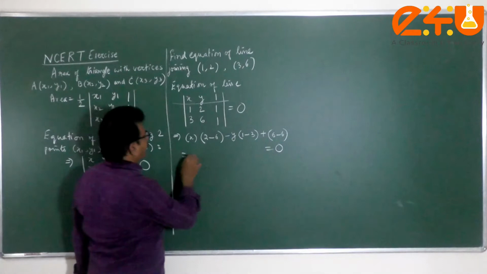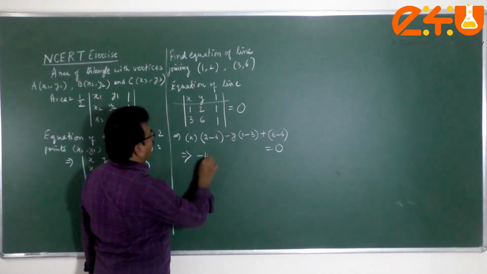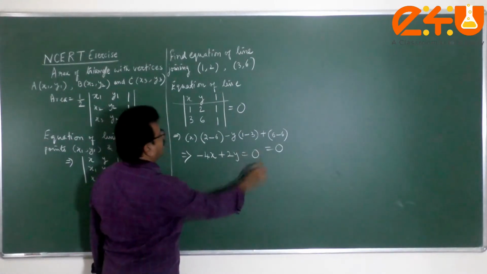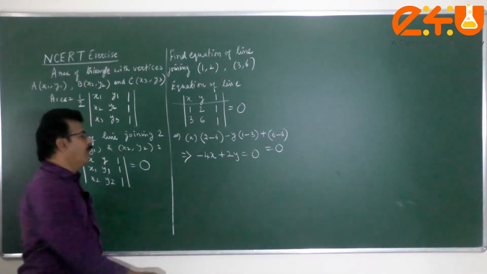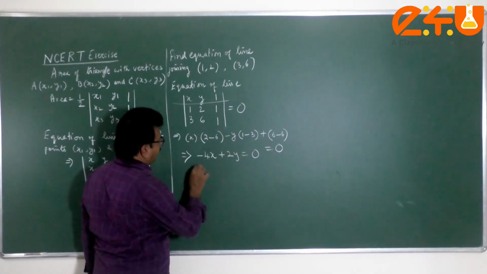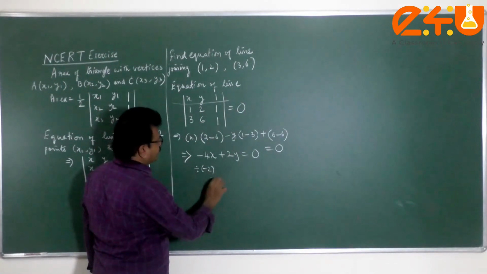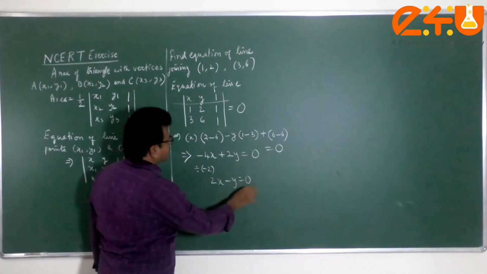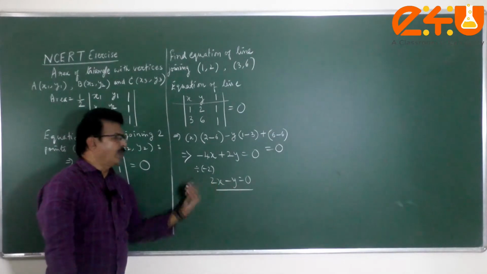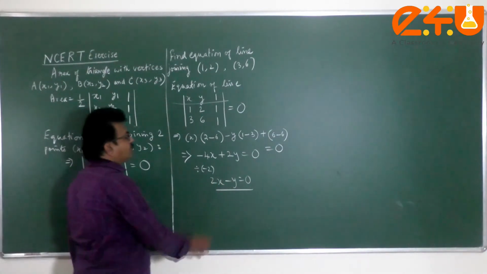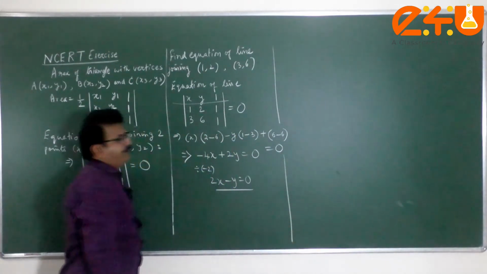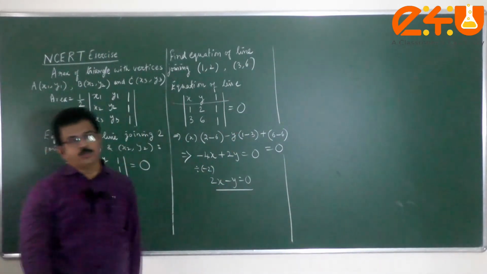So we get negative 4x minus of minus 2y is 0, or I can change sign and divide by 2. So you get 2x minus y equal to 0, or y equal to 2x. So 2x minus y equal to 0 is the equation of the line joining these 2 points.